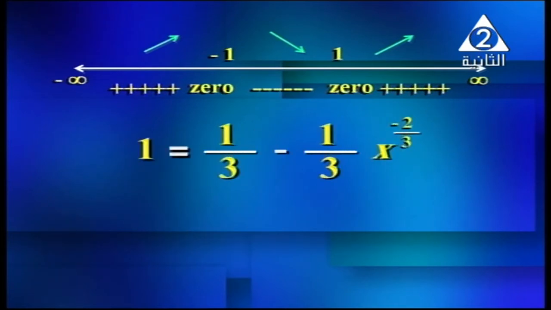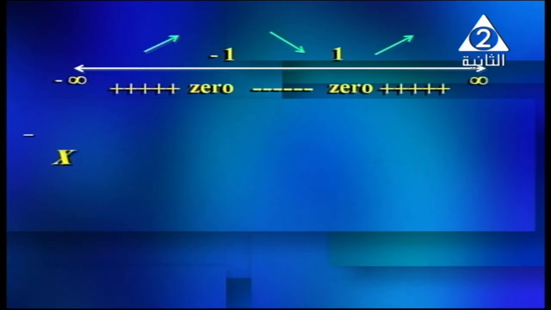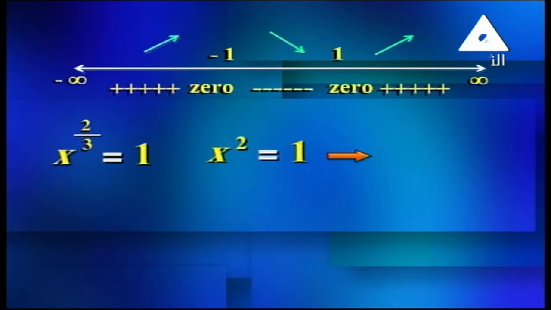Then, my dear student, look at the function: 1 over 1 equals 1 over the cube root of x squared. Therefore, x^(2/3) equals 1. My dear student, if x^(2/3) equals 1, what is the value of x?